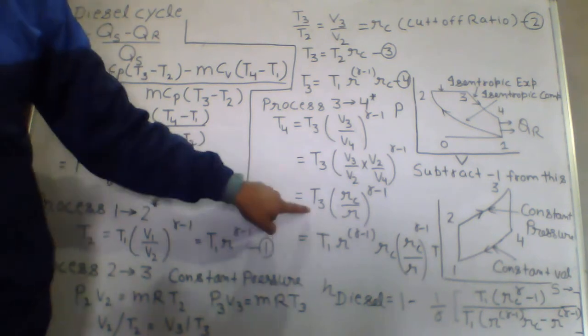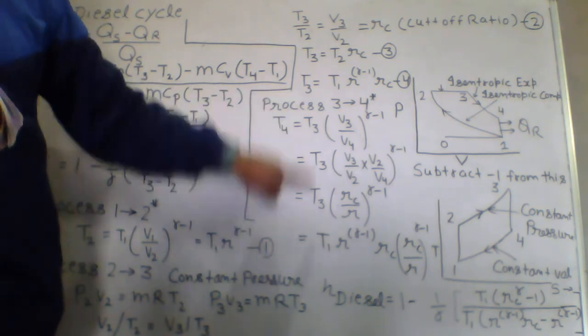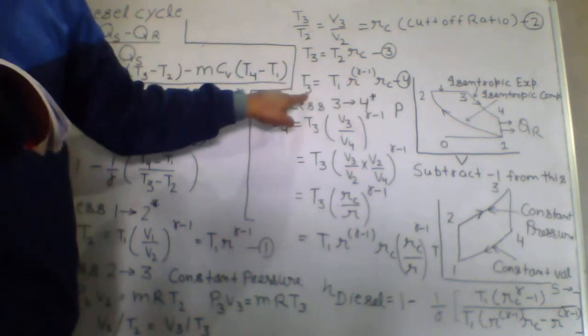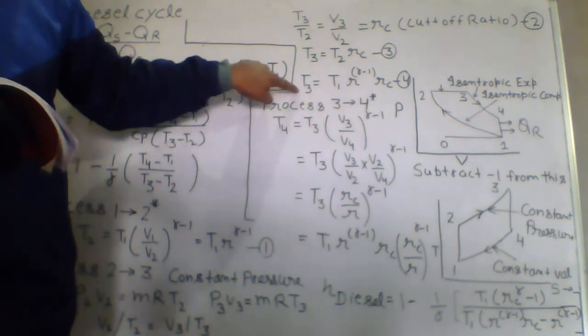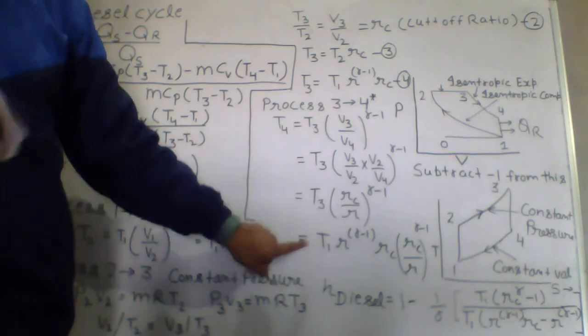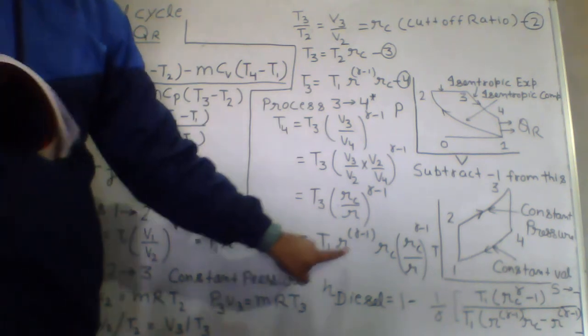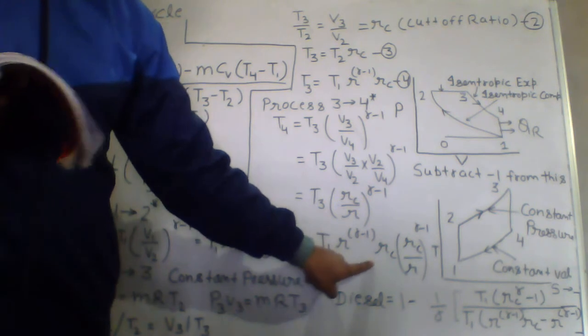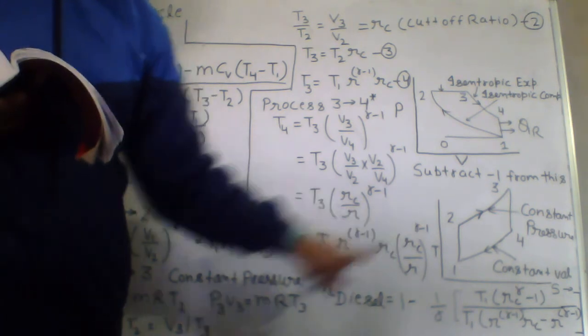Now T4 in terms of T3. From equation 4, we have T3 in terms of T1. So we will take this T3 value, put it here, and we will get T1 R raised to power gamma minus 1 into RC by R raised to power gamma minus 1.